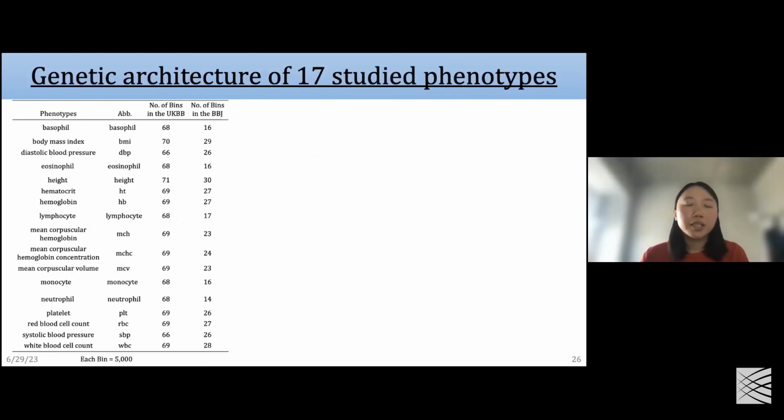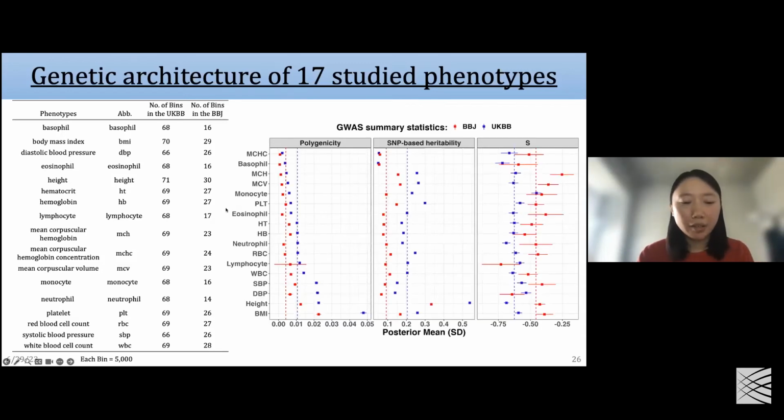The traits we focused on range from anthropometric traits such as height and BMI to a few blood panel traits. The sample size varied between biobanks and also across different traits. To get some information on the genetic architecture, we estimated three key parameters.